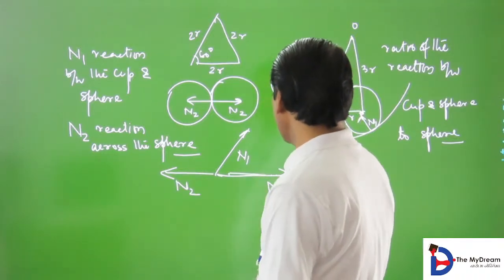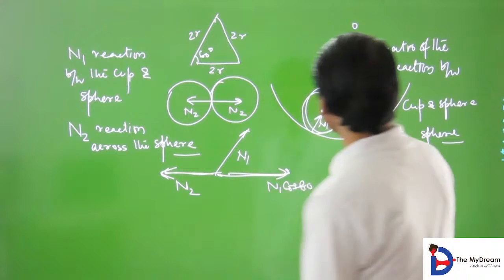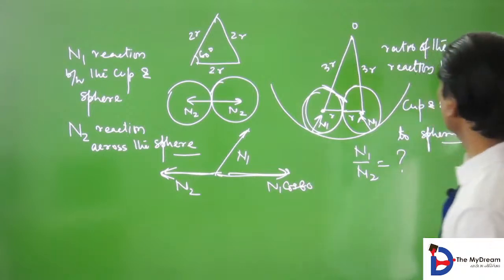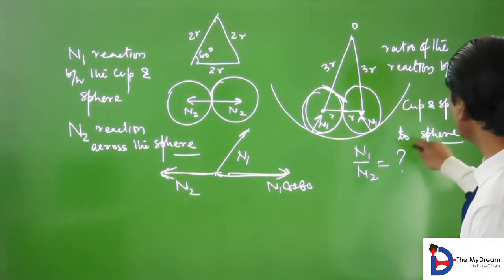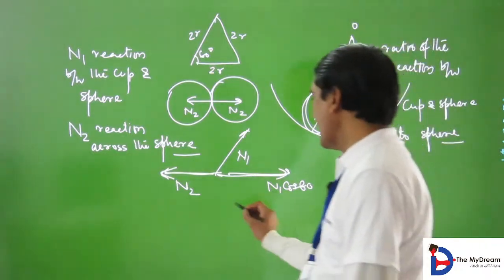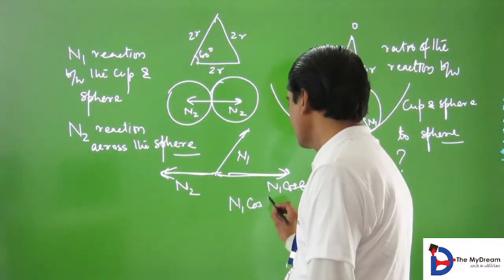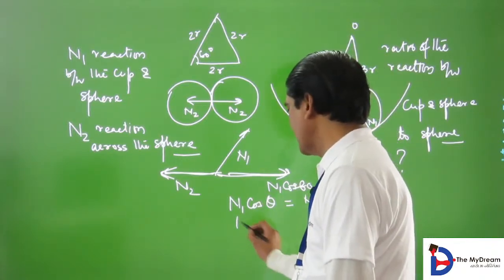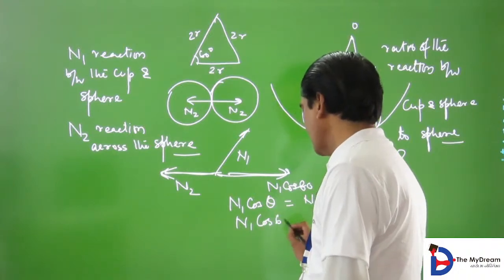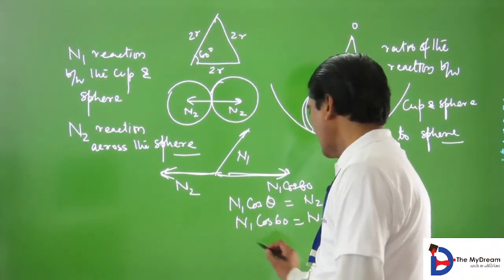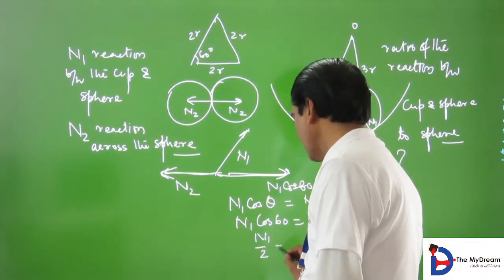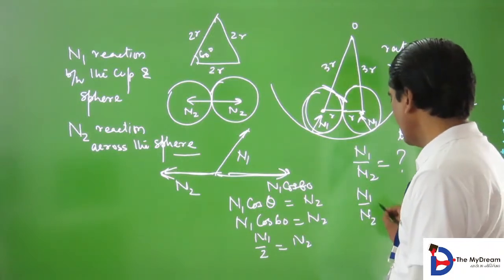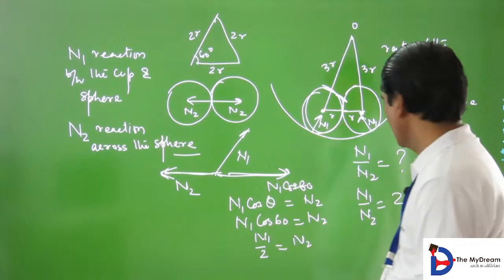Now you see this one is equal to that, and you want to know the ratio of the reaction between the cup and sphere to the sphere. So n1 cos theta is equal to n2, and the value of theta is 60, and cos 60 is 1 by 2. So you get n1 upon n2 as 2. Okay?